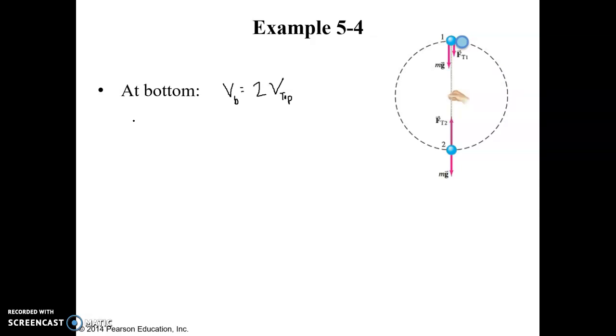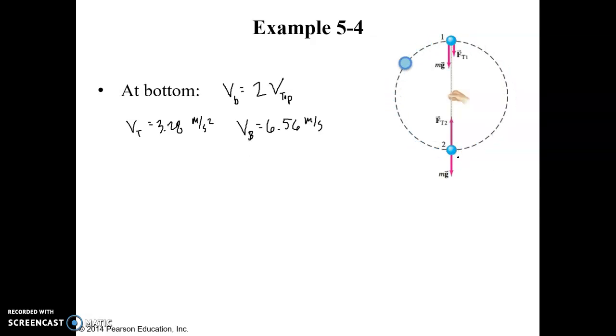So the velocity at the top was 3.28 meters per second, and so the velocity at the bottom is going to be double that. It's going to be, what would that be, 6.56 meters per second. I don't know why the example problem doubles the velocity at the bottom, but it does.